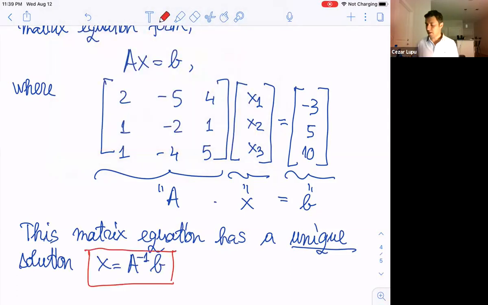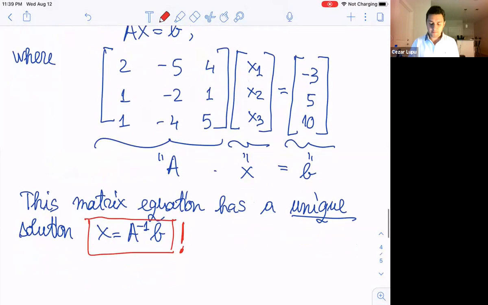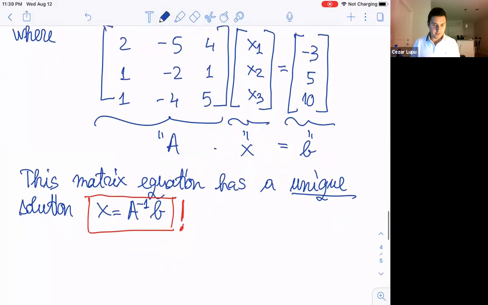You just multiply by the inverse of A to the left, and then you'll get X equals A inverse times B. But guess what? Usually this is what happens, but we're making a big assumption right here. How do I know that the matrix A is invertible? Maybe it's not. And I'll leave it to you to answer this question.